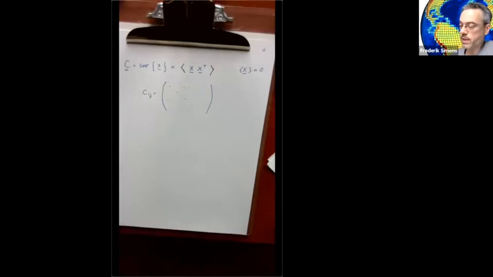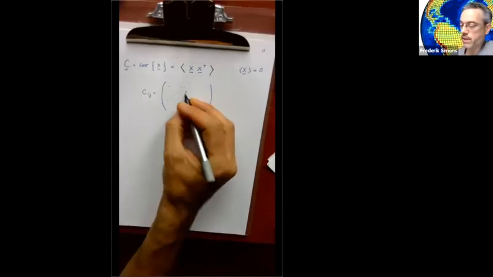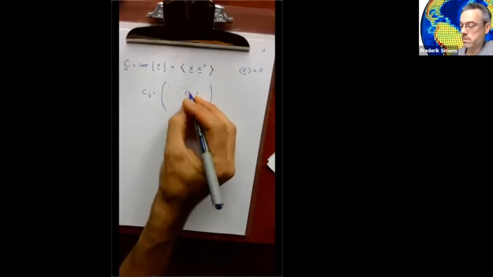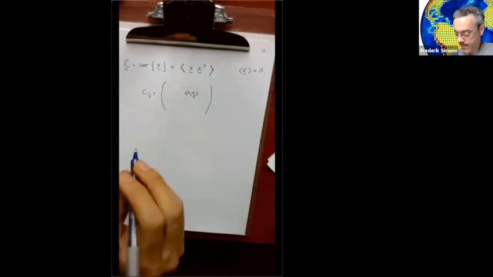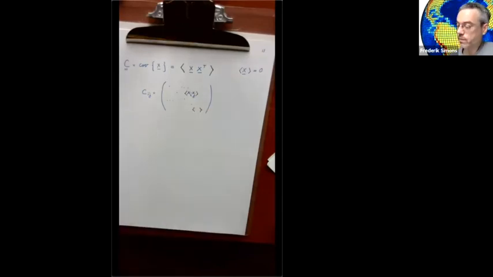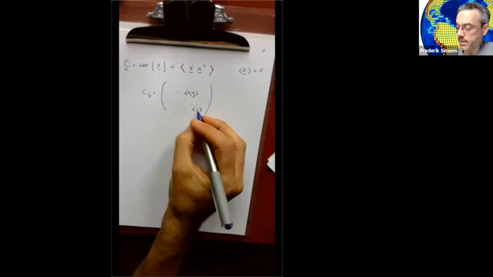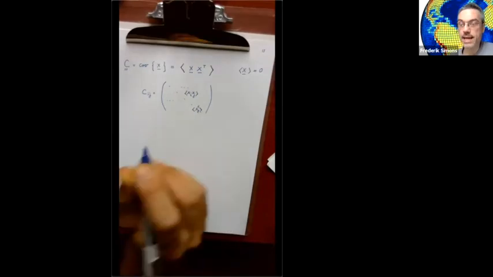Here I might have the expectation of the product of xi and xj. That's an off-diagonal element.